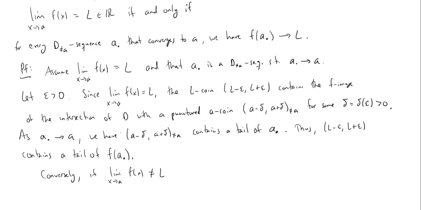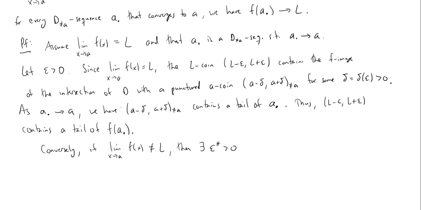So if this limit does not equal L, then there exists some epsilon, and let's call it epsilon star, right? So this is a specific epsilon. So there's some epsilon star, meaning I can find some L coin of radius epsilon star for which there is no punctured A coin whose F image is going to be inside the L coin of radius epsilon star. Okay, so let's write that out.